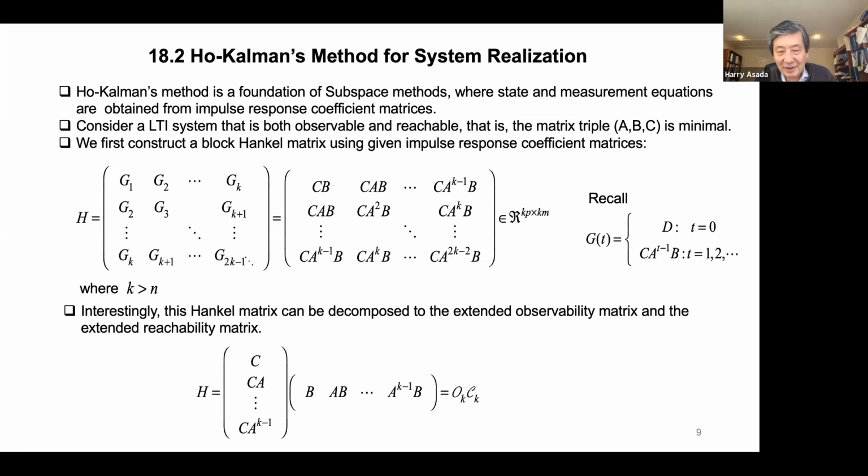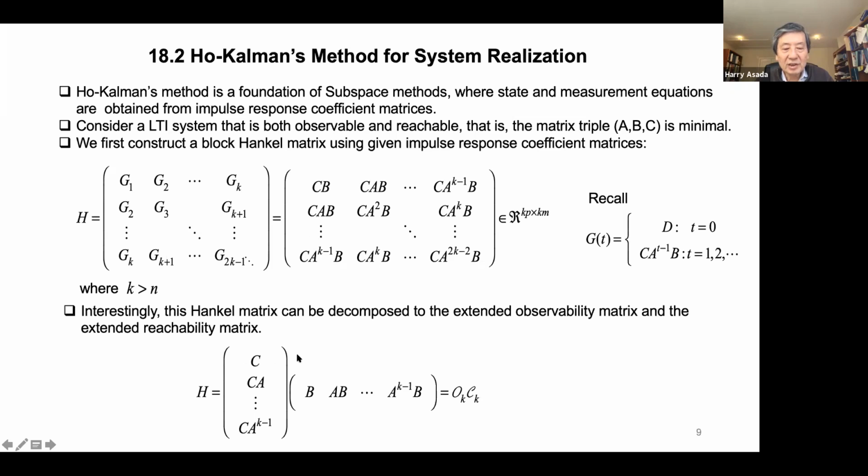Now, interestingly, this Hankel matrix can be decomposed into the extended observability matrix and the extended reachability matrix. So let's think about this. This is the observability matrix, and this is the extended controllability or reachability matrix. If you just multiply this, the first one, C times B, is here. And the next one, CA times B, is sitting here, right?